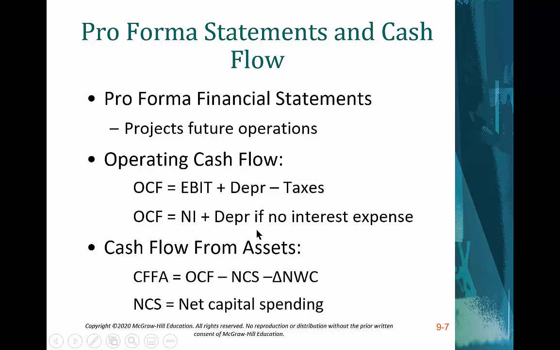And since we're not using any financing costs as relevant, operating cash flow is effectively net income plus depreciation. Once we have that, we can calculate cash flow from assets, which is operating cash flow minus net capital spending minus change in net working capital. We're going to go into details of these on our next video.